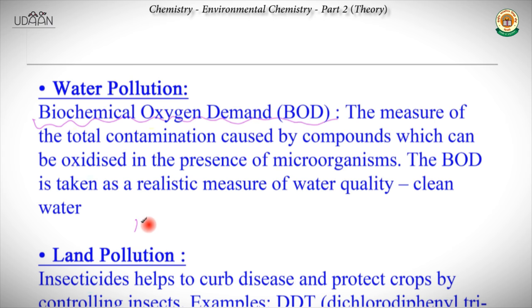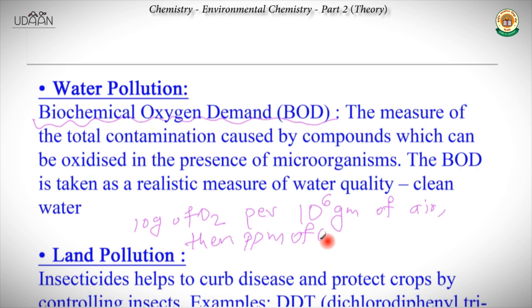Like say if you require 10 gram of oxygen per 10 raised to 6 gram of air, then ppm of O2 would be 10 by 10 raised to 6 into 10 raised to 6, which is 10 ppm. So thus ppm is defined.